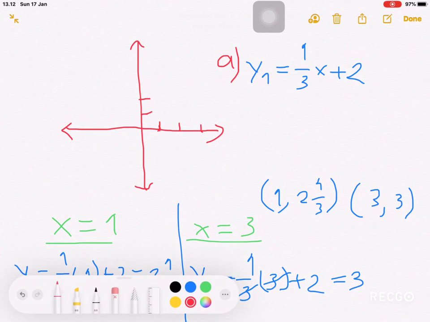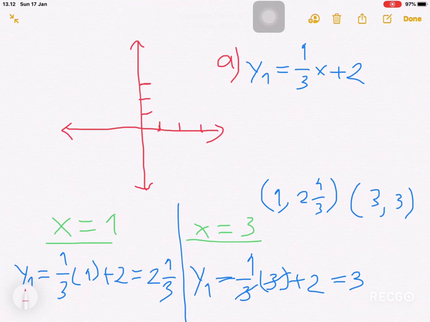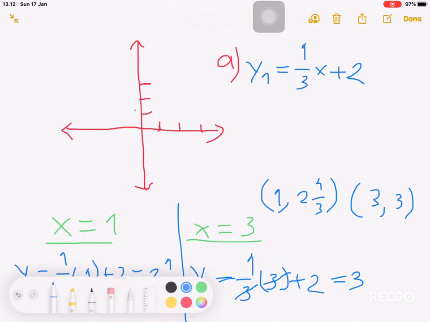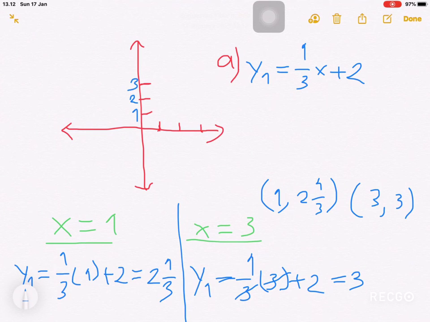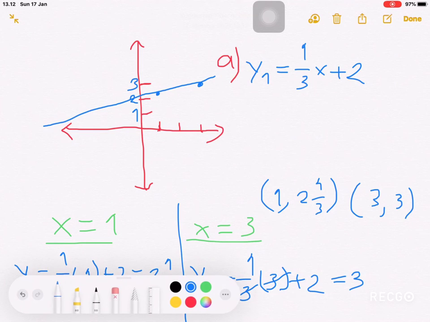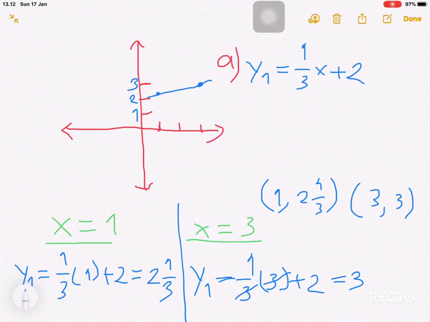So I'll just mark this 1, 2, 3, and point (1, 2 1/3) is approximately right here, and point (3, 3) is right here, and then you can just connect the dots and form a straight line. Mine isn't as accurate though. Okay, and that's pretty much it for part A.